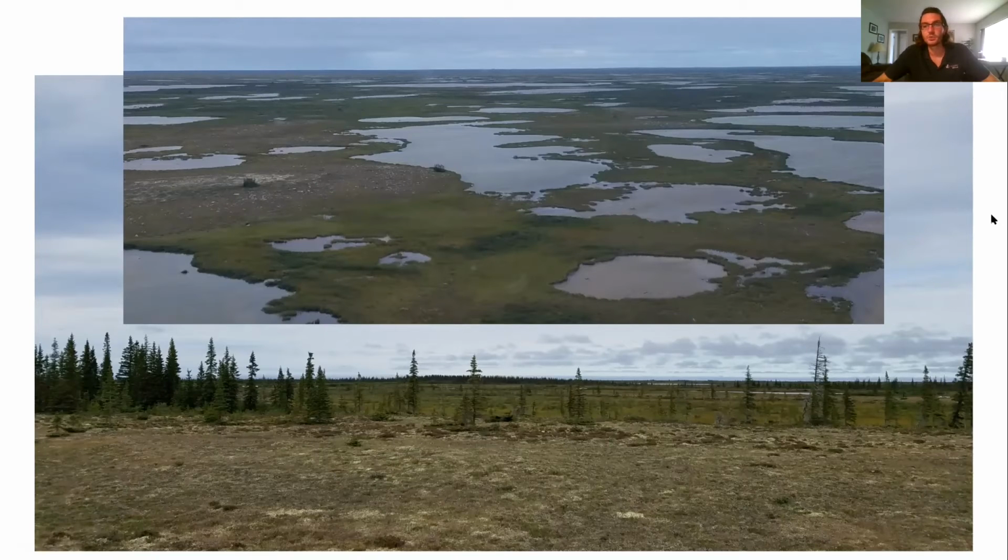What's kind of unique about this location, where these pictures are taken, is it falls at the transition from where we have our forest, where there is not that permanent layer of ice, to the tundra. So the picture on top is more of a tundra landscape, which means there is that ice layer present. There's not a lot of vegetation. And so this area falls at the transition from a forest to a tundra.